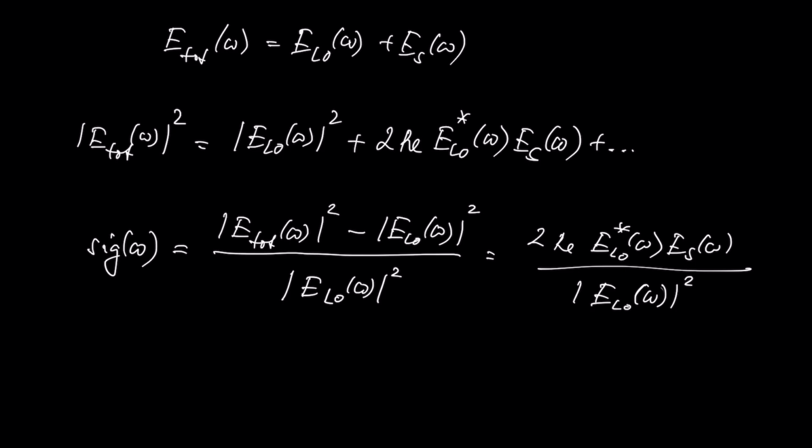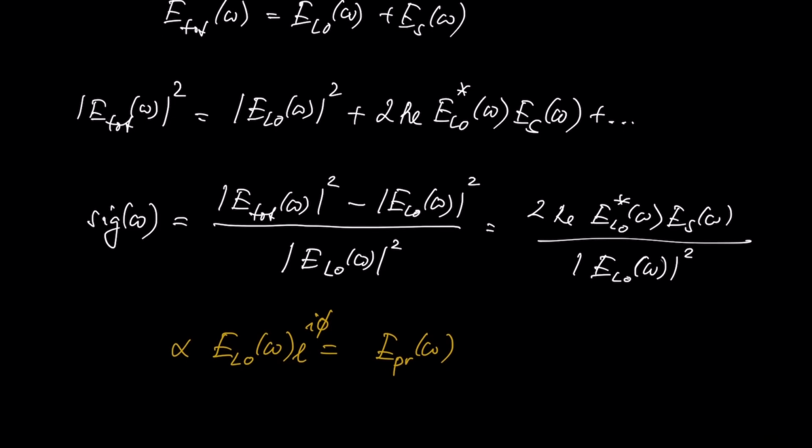So we may assume this relation between the local oscillator in frequency and the probe pulse. So the probe pulse will be the same as the local oscillator up to some amplitude. That is, the intensity of those two does not have to be exactly the same. And we can have a phase difference between the probe and the local oscillator.